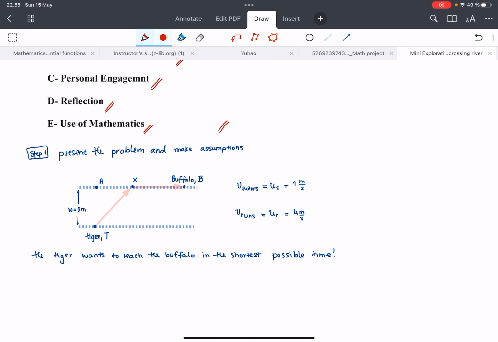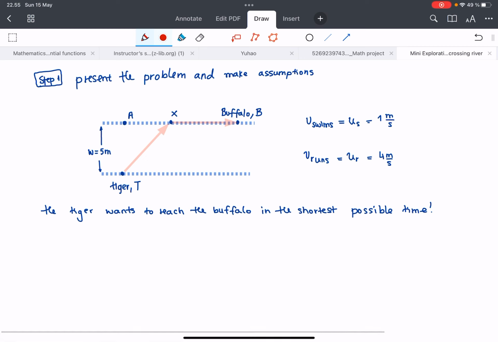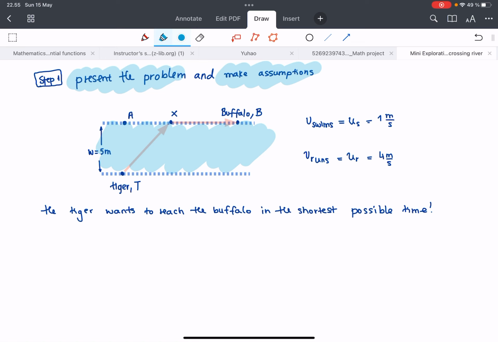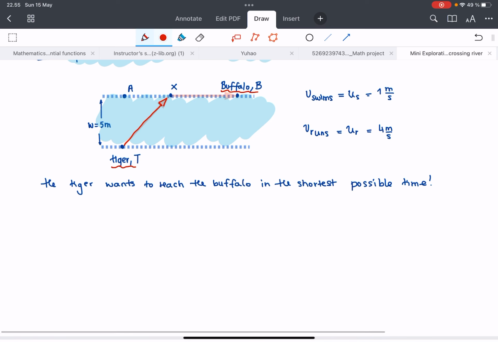So you have to write an exploration, and I have written down some steps here that will probably help you out. So first, it would be a good idea to present the problem to the reader and make some assumptions. And that's the river, and you have the tiger over here that wants to cross it and reach the buffalo. So the tiger is going to swim this distance and then run.